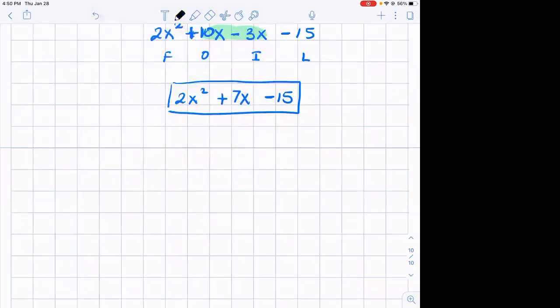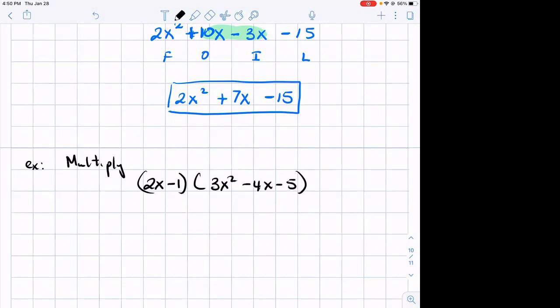So look at another example. Multiply 2x minus 1 times, so a binomial now, 3x squared minus 4x minus 5. So in this case, we cannot say FOIL because this is a binomial, 2 terms, and this here is a trinomial, 3 terms.